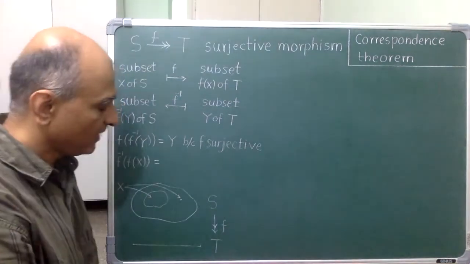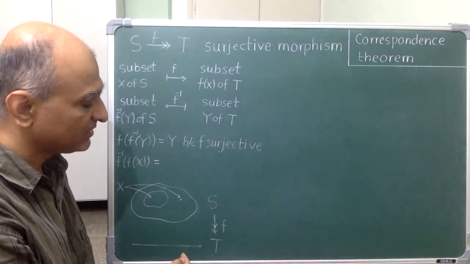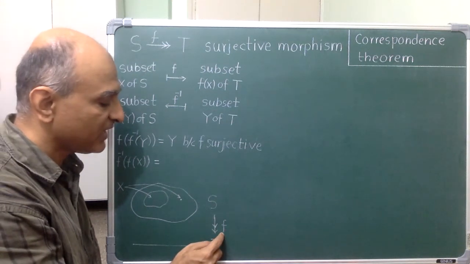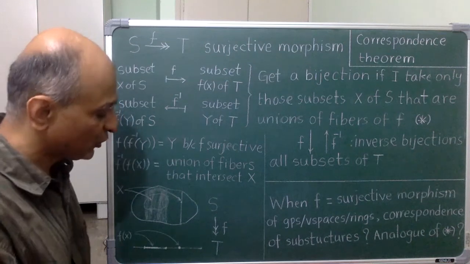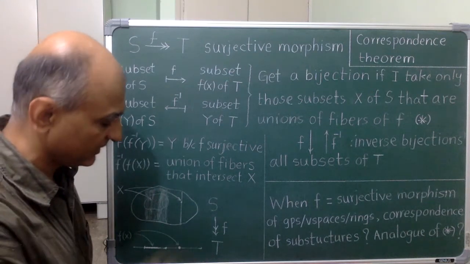To help you, I have given an example here where you should think of the function F as projection. F of X is going to be some set of points in the target.